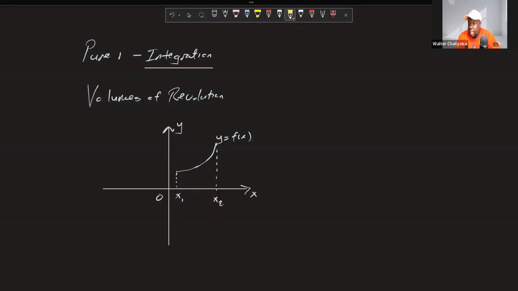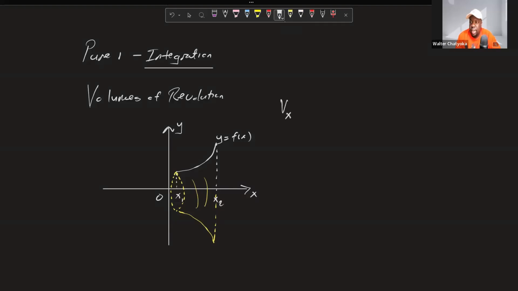So if you rotate this graph about the x-axis, it will form some kind of solid, so we'll have maybe something like this. The volume generated can be calculated through integration.